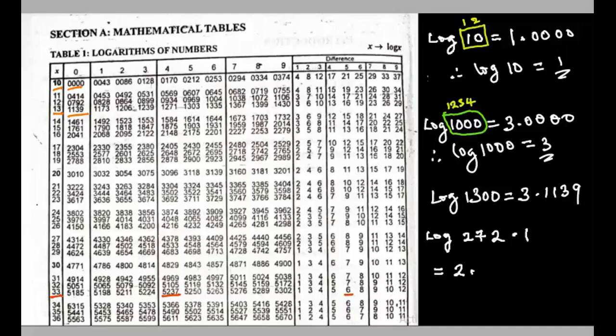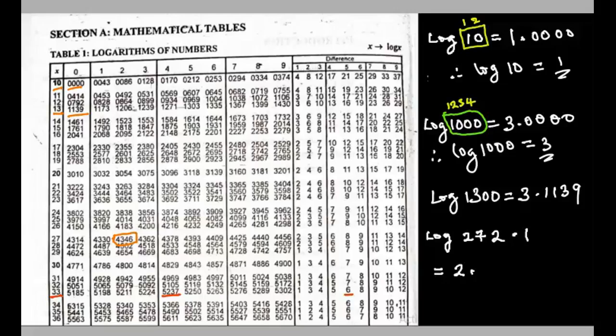So look for 27 here, under 0, under 1, under 2. Yes, 27 under 2 is the number here. That is 4, 3, 4, 6.